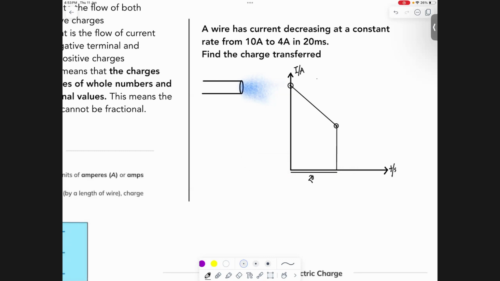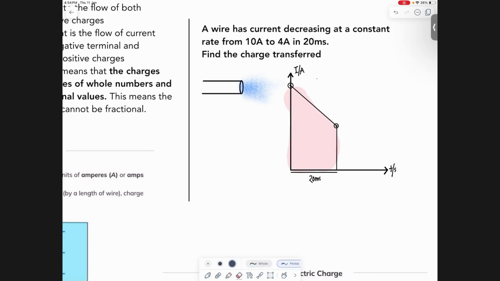Okay. Now, the question for you is: what quantity of this graph gives us a charge? Area in the graph, right? So I'd find the area of this shape here, and I would have my answer, right?